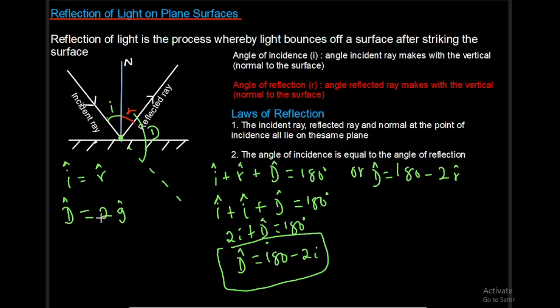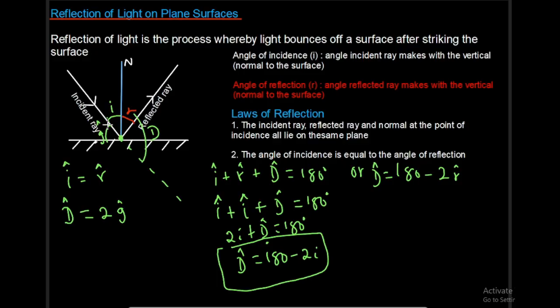The glancing angle is simply the angle the incident ray makes with the plane of the surface. When we add these two together, we get 90 degrees.